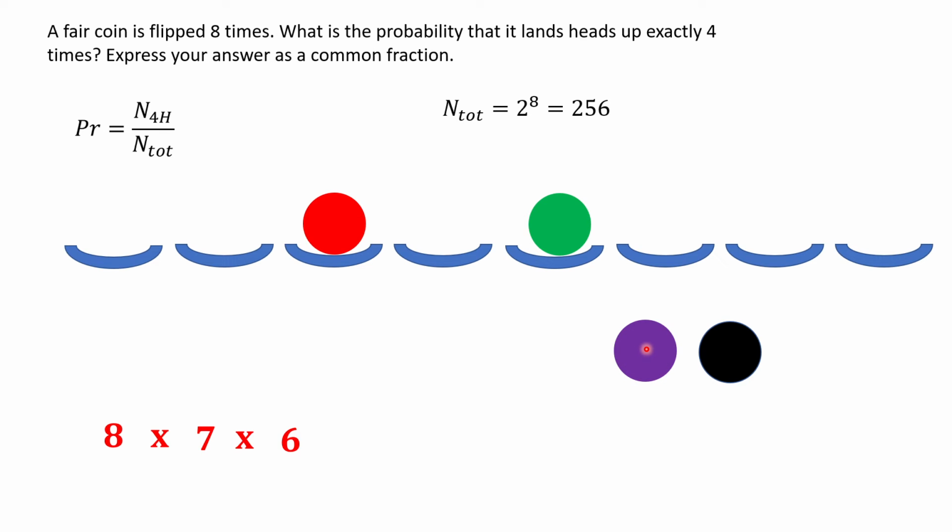So the total number of positions is 8 times 7 times 6. And now, in a similar manner, how many ways can I put the black ball? There are 5 places, so we multiply by 5. And that's going to give us the total number of ways to put 4 distinct balls into 8 spots.